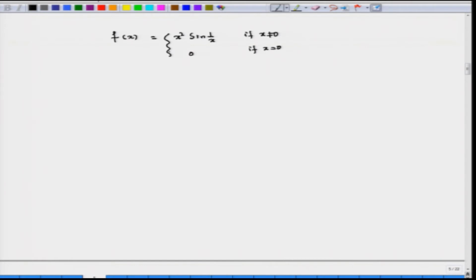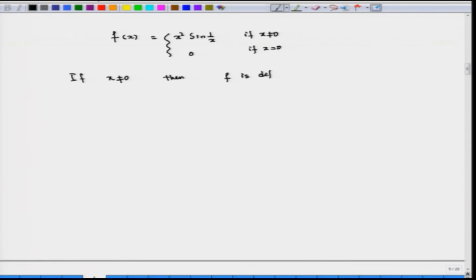Obviously, if x is not equal to 0, then x square is differentiable and sin 1 over x is differentiable by the chain rule, and so x square sin 1 over x is also differentiable.